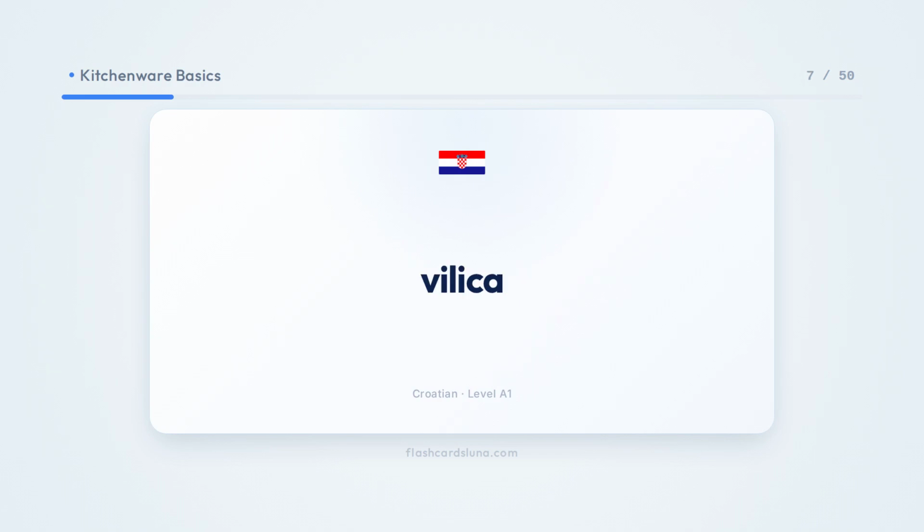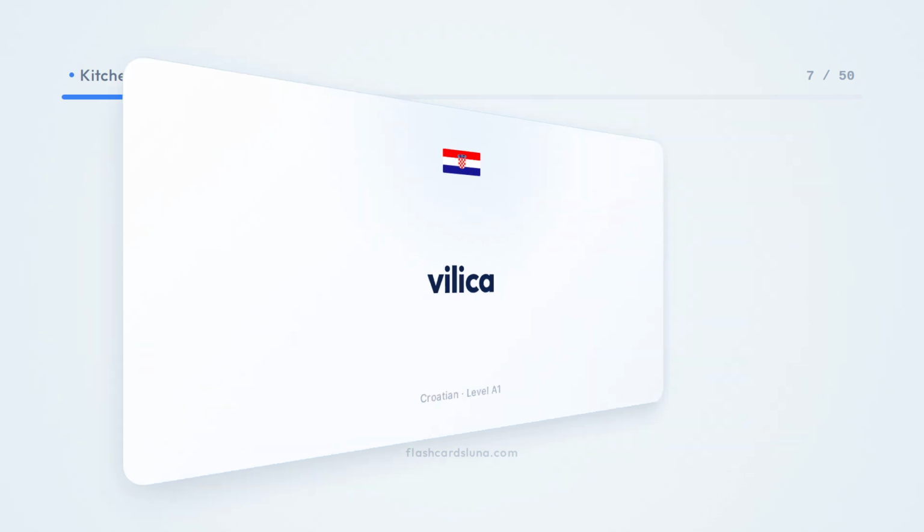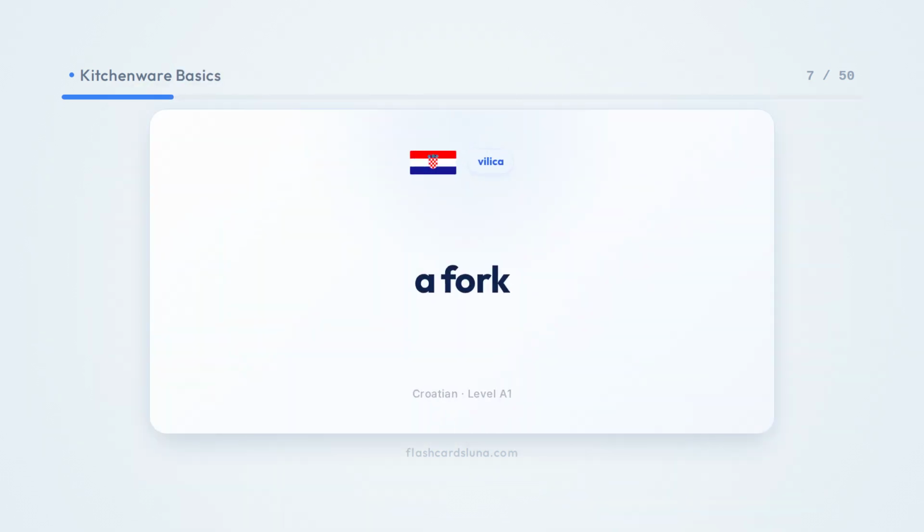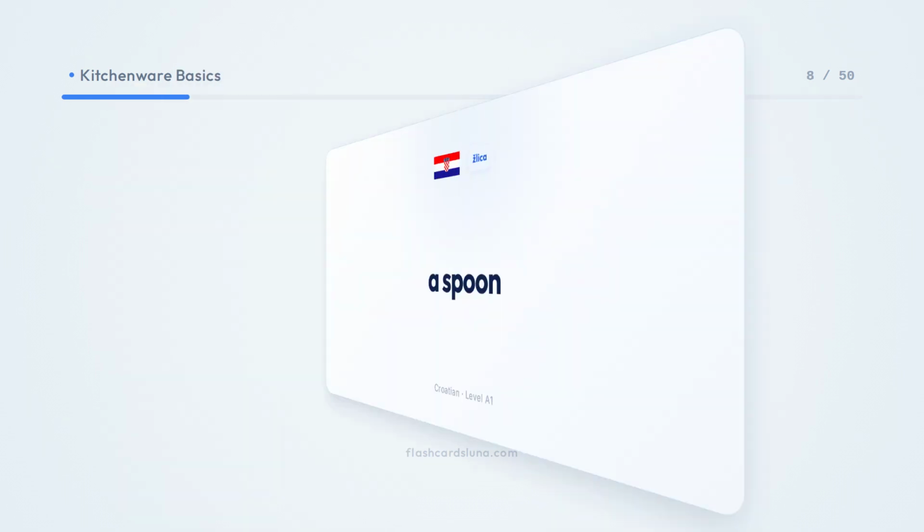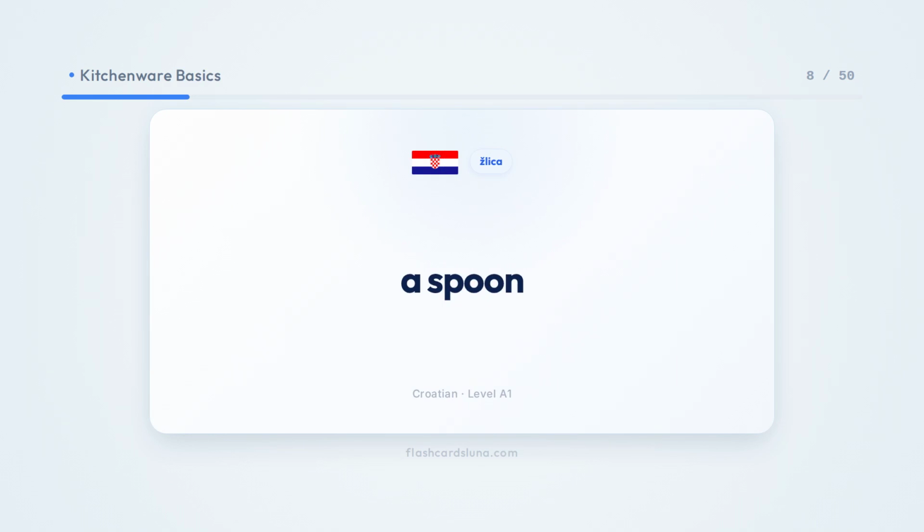Vilica. A fork. Žlica. A spoon. Čajna žličica. A teaspoon.